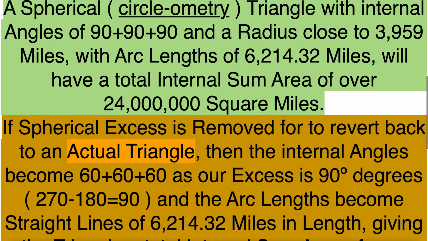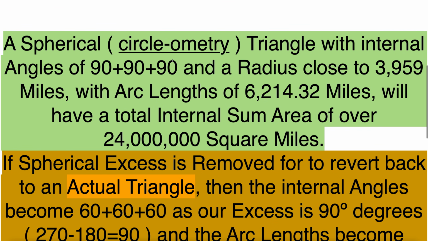Now, how we can even have square miles on a sphere is another problem. They've got to flatten out the whole thing to bring it back to being flat, right? Because there's no such thing as square miles. There can be no such thing as a square mile on a sphere, on a globe Earth, right?